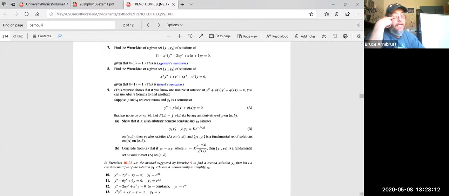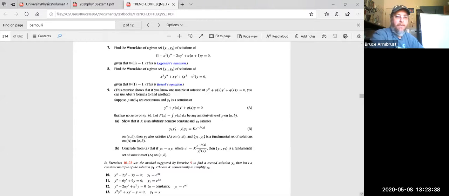So we have P and Q are continuous, and Y1 is a solution to this homogeneous second order. All right, so the fact that P and Q are continuous means that we know we have a unique solution for any initial value problem, right? And then it says that it has no zeros on A to B, so that's an interval where we know it's going to work.